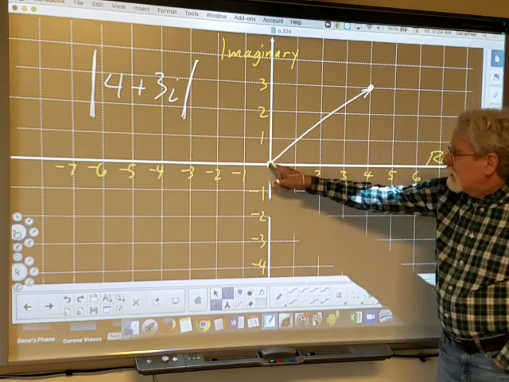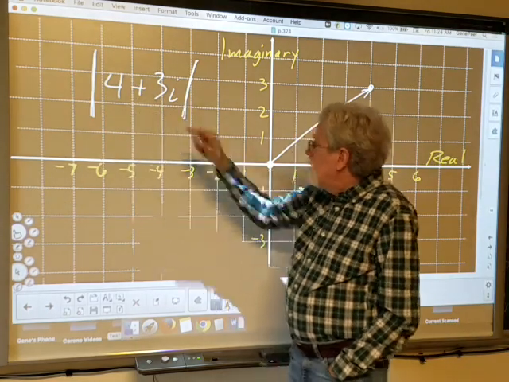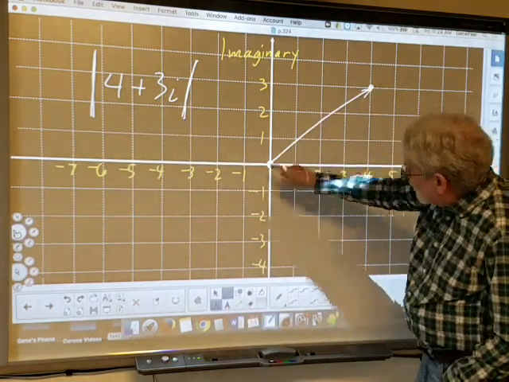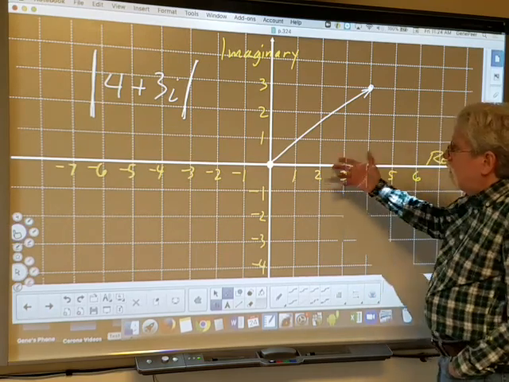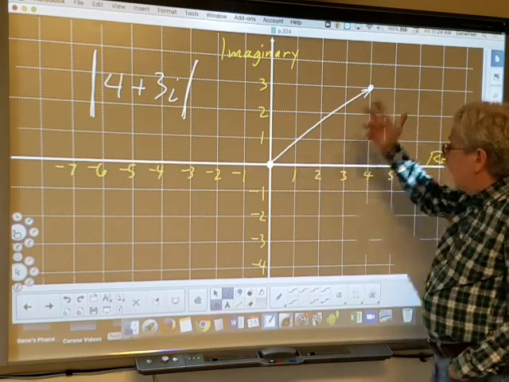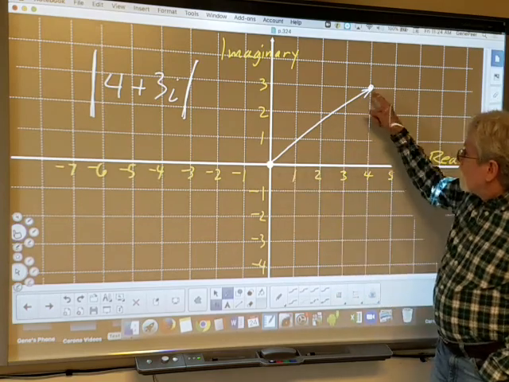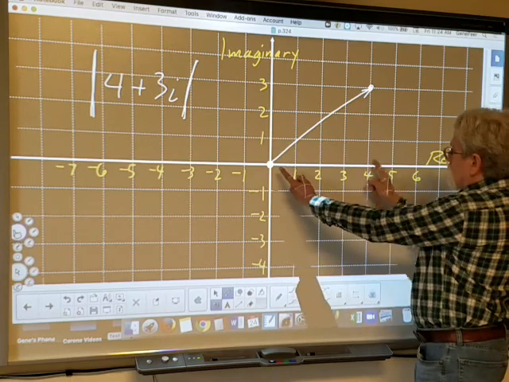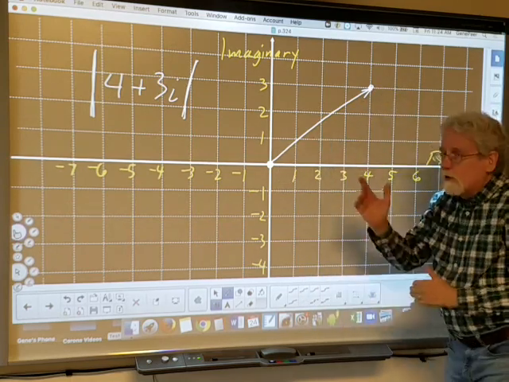We want the length of that vector. We want the distance that 4 plus 3i is from 0. Clearly, it's not going to be a distance of 4 plus 3i. What does that even mean? Neither is it a distance of 4, it's more than 4. It's not 3, it's certainly more than 3. What in the world is it?